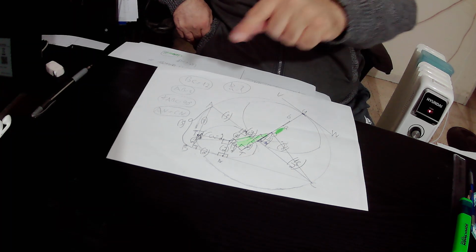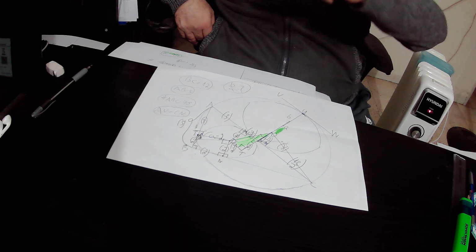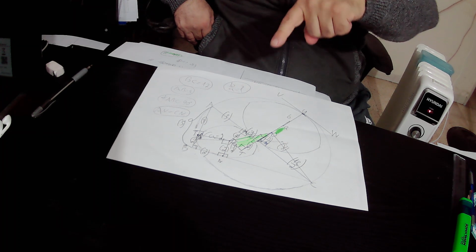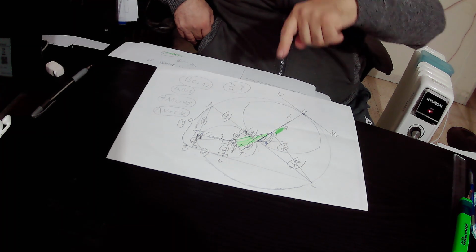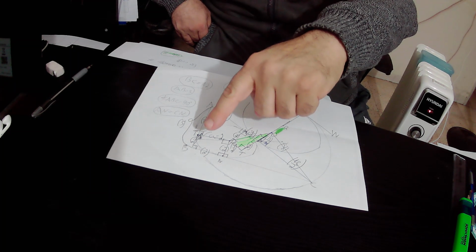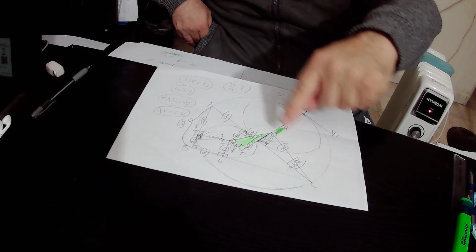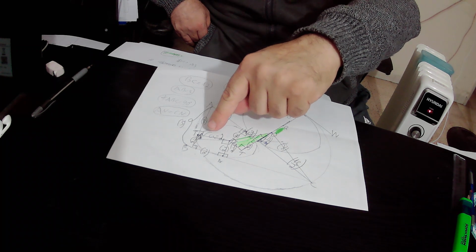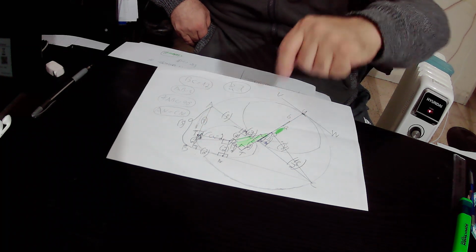The radius PT is drawn to point T, that is the point of tangency of tangent AB with this circle, and whenever we have a radius that is drawn to the point of tangency, then tangent AB will be perpendicular to the radius TP. That is to say, this angle equals 90 degrees, and this angle also equals 90 degrees.